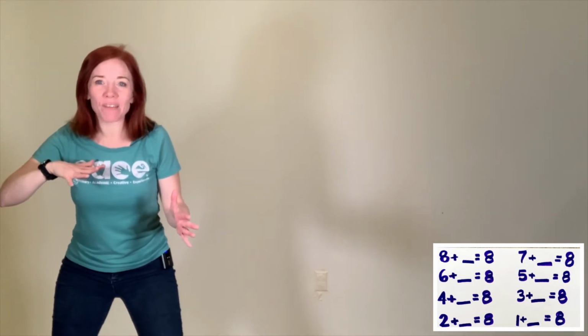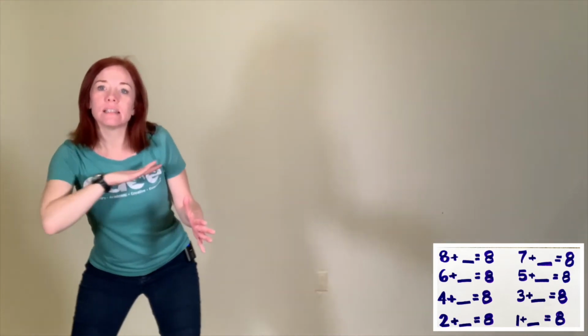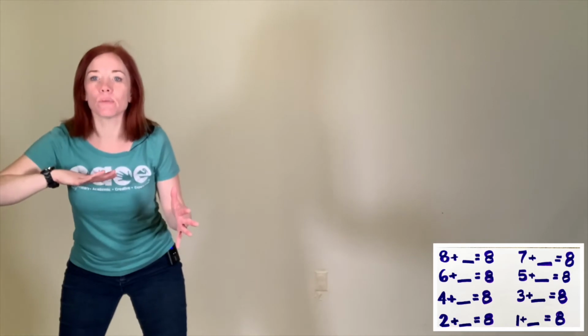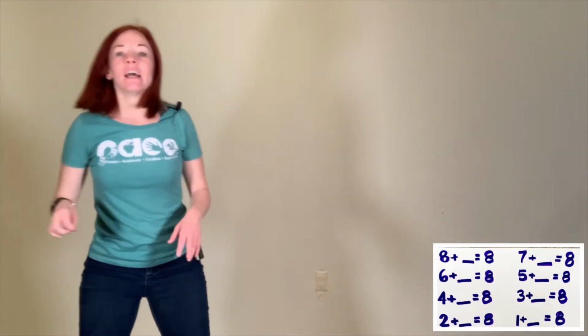How many moves did we have left? 7, that's one move. 8, that's 2 moves, so we know we need to add 2. Plus 1, 2 equals 1, 2, 3, 4, 5, 6, 7, 8. Very good. Okay, moving on.